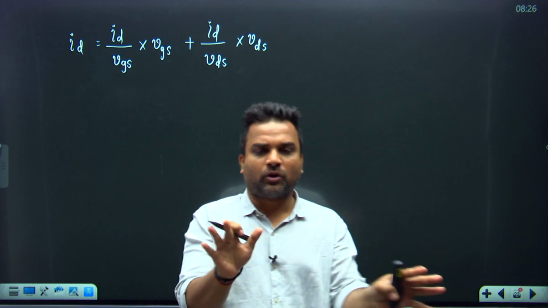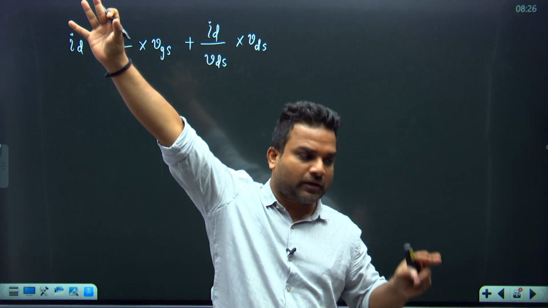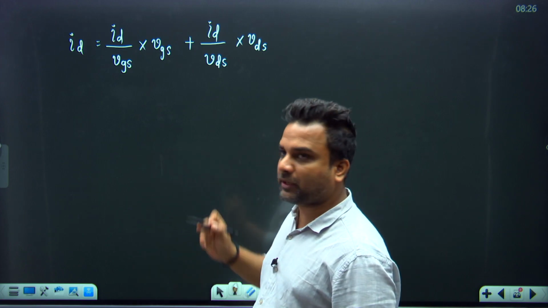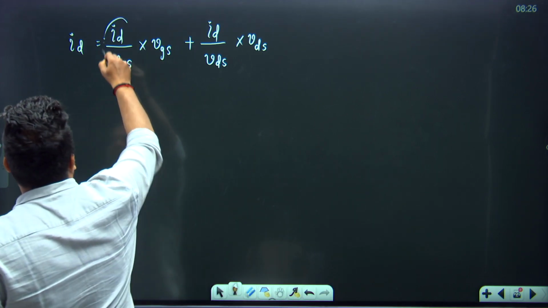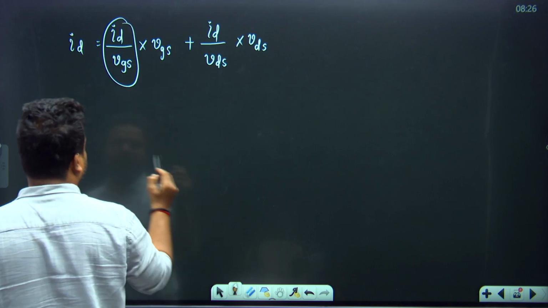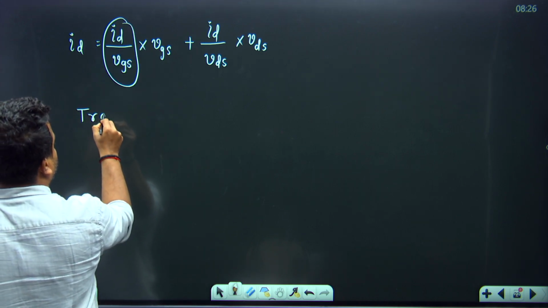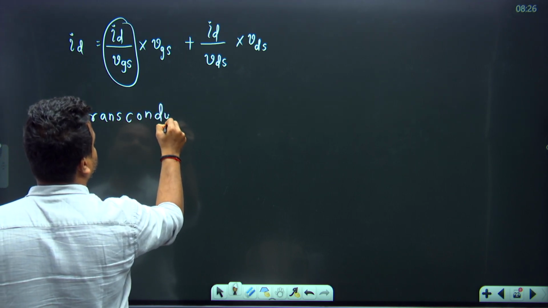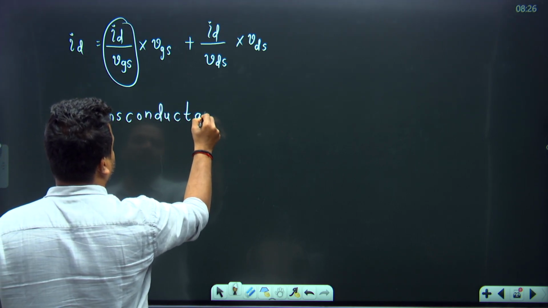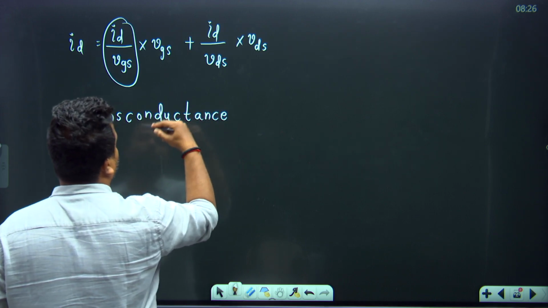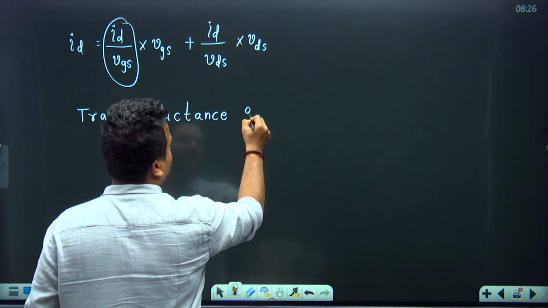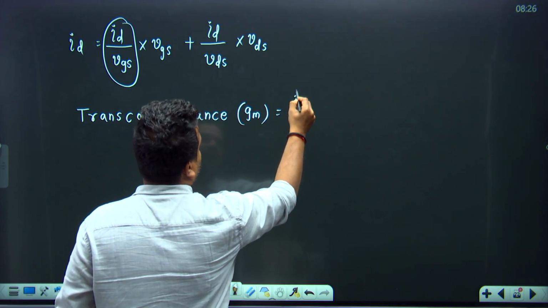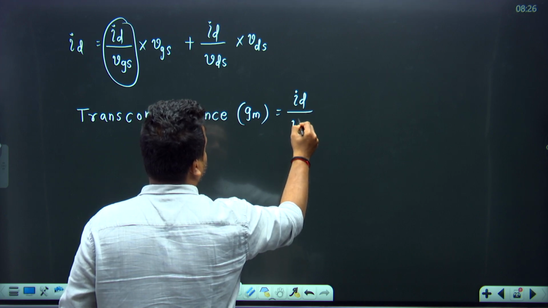Output current by input voltage is transconductance. So I repeat, whatever term is present here is transconductance only, because it represents the drain current, output current, with respect to the input voltage VGS, denoted by the letter GM, that is ID by VGS.